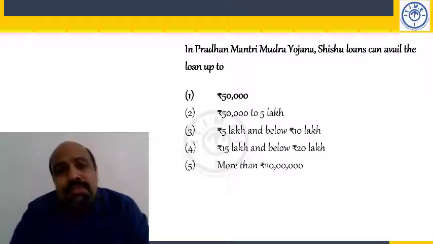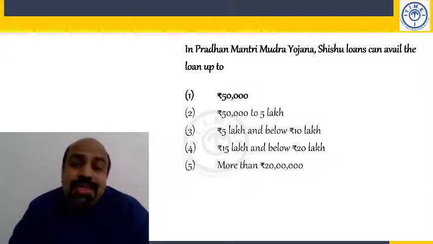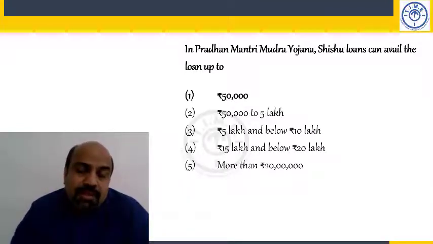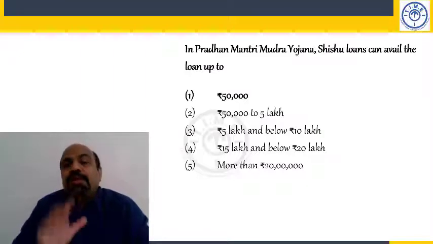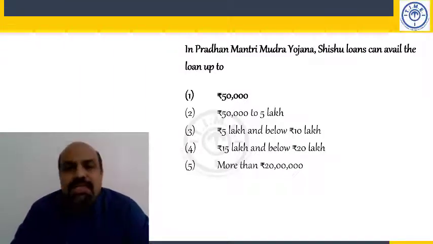And recently, because of the coronavirus pandemic, people who borrow Sishu loans up to 50,000 rupees get a 2% interest subvention. Those of you who don't know what subvention is, it's simply a subsidy.